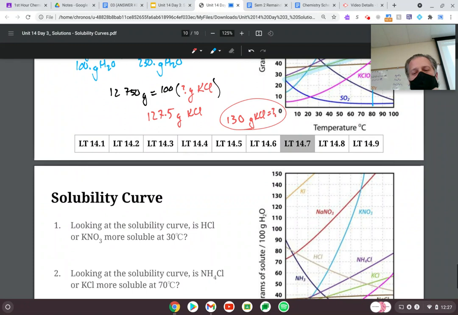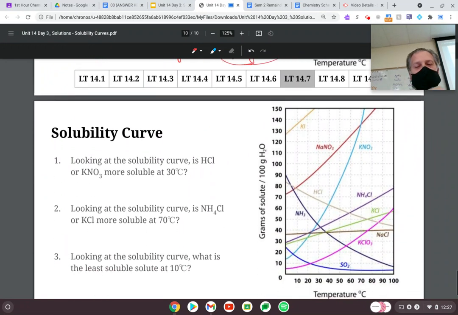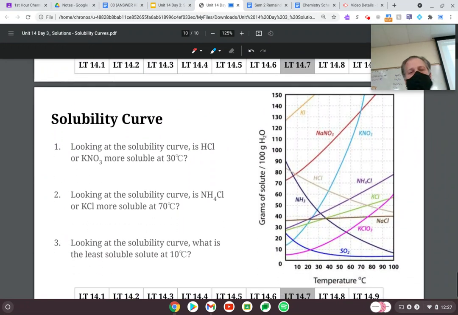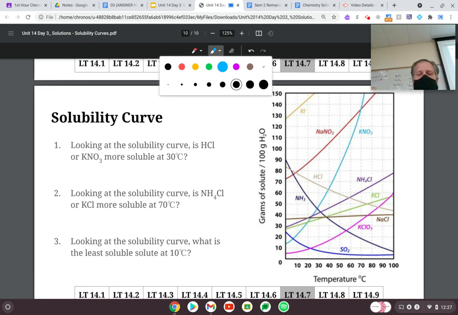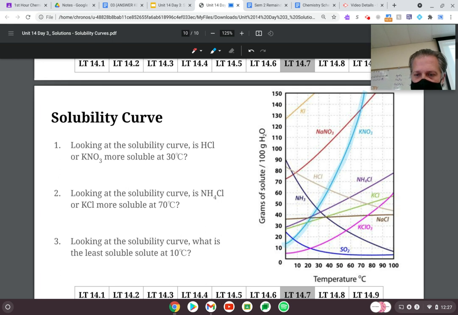is simply just looking at data and then trying to decide what's more soluble versus least soluble. So in this first example, we're looking at the solubility curve between HCl and KNO3. So here's KNO3, looks something like this. Here's HCl.